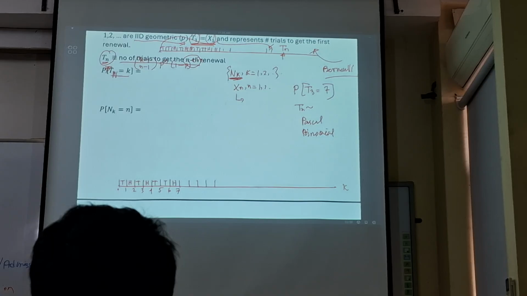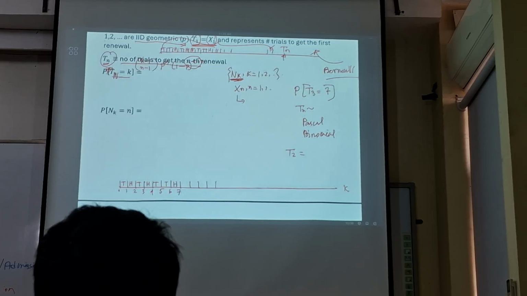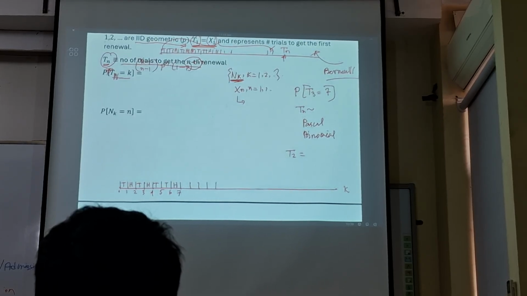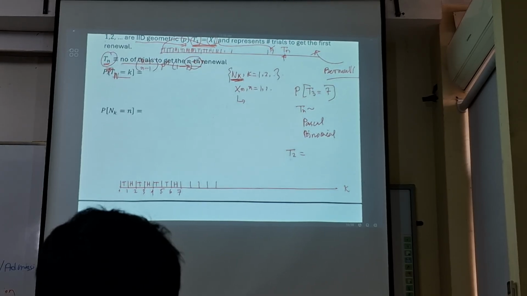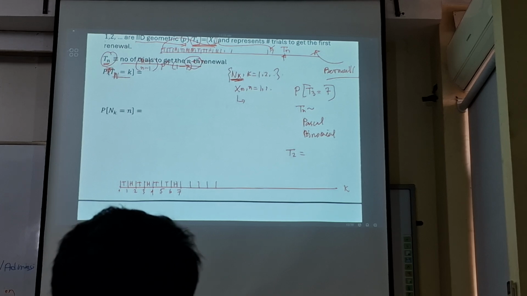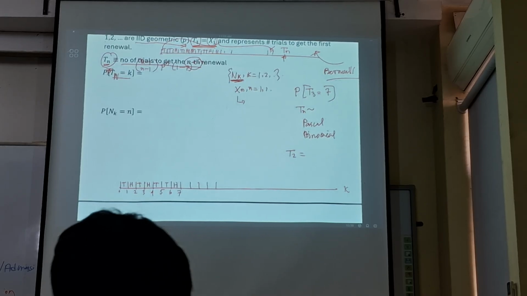Now, what is the value of T sub 2? What does T2 represent? The number of trials needed to get 2 heads.